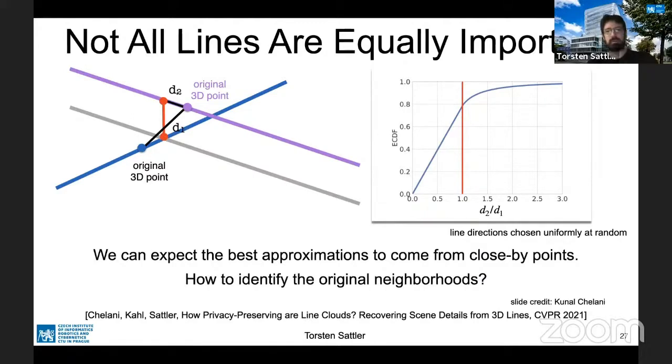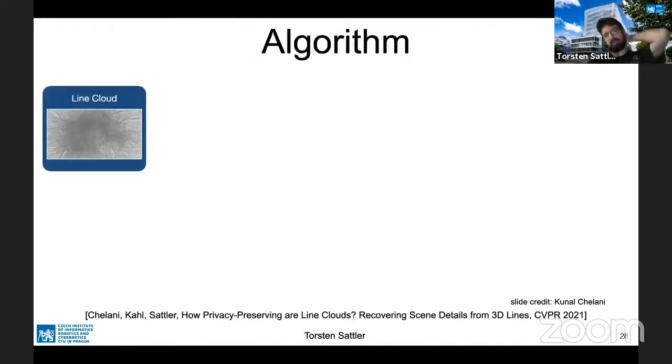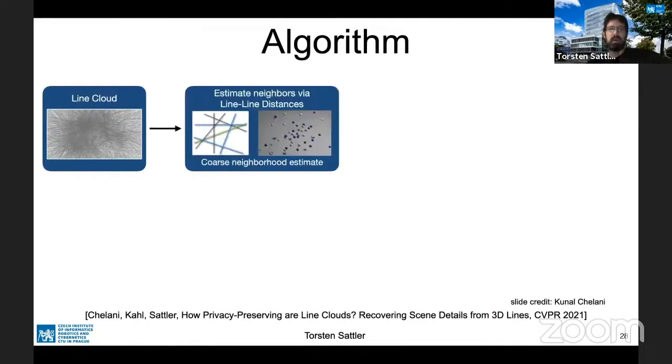The question is, how do you actually get these neighborhoods? Because we have lines, we don't have those 3D points. And we end up doing this iteratively. We start with a line cloud. We estimate nearest neighbors between lines by essentially figuring out which lines have the smallest distance. That gives us an initial set of neighborhoods.